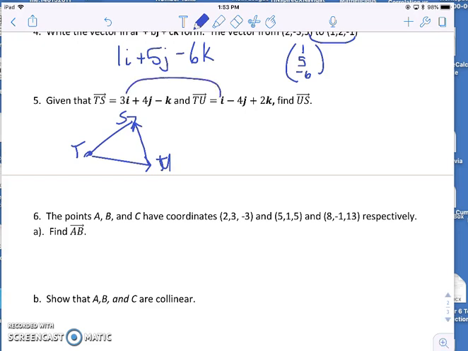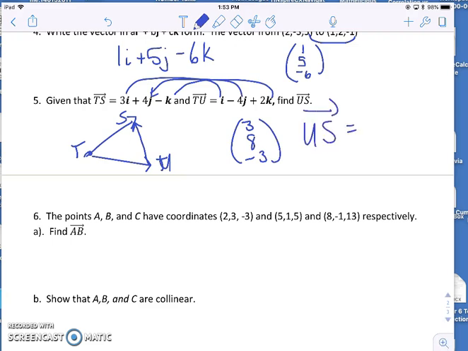So 1 to 3 is going up 3. Negative 4 to positive 4 is going up 8. 2 to negative 1 is down 3. So we could say u to s, and it's written in unit vector form, so we could do that again. 3i plus 8j minus 3k.